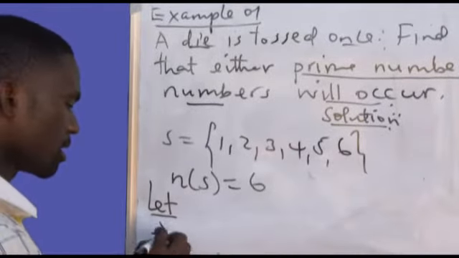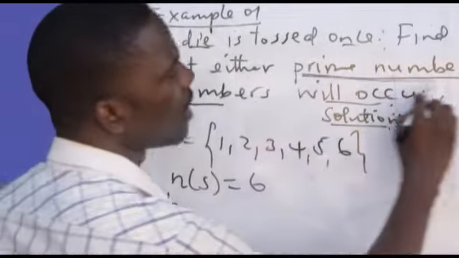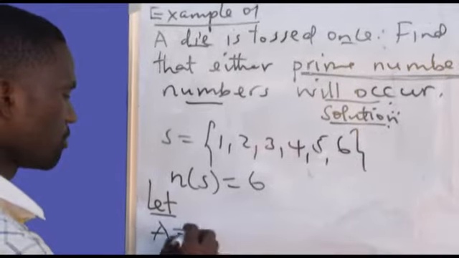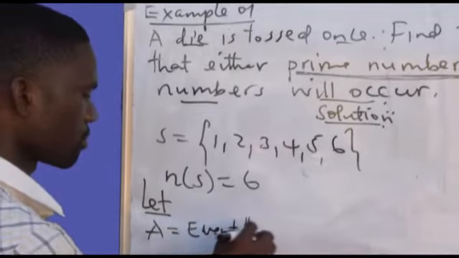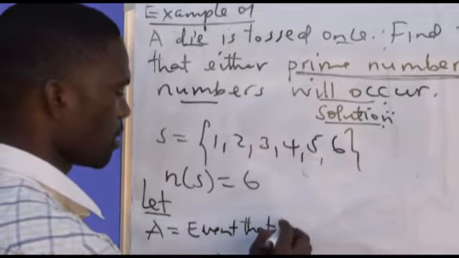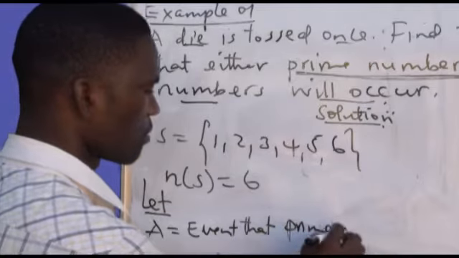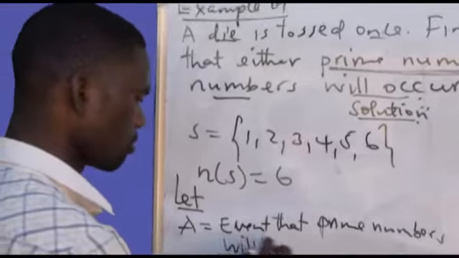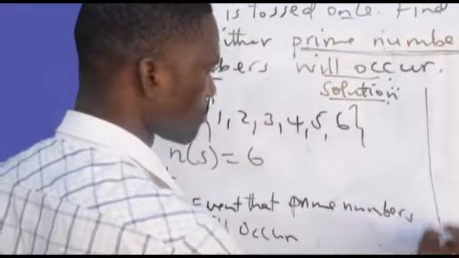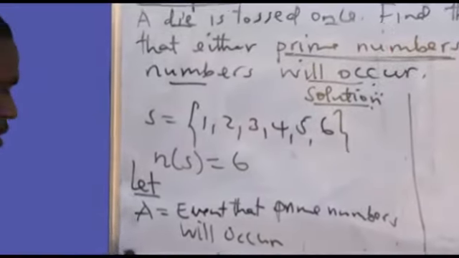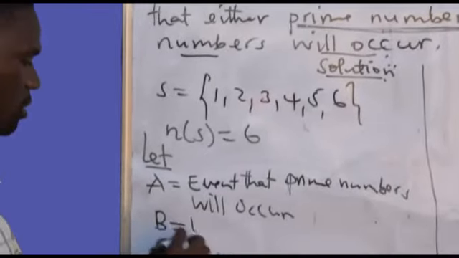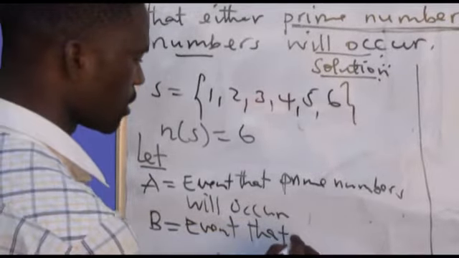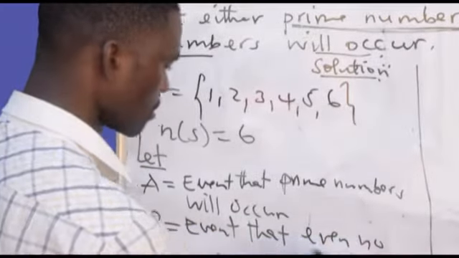Let A be the event that prime numbers will occur, and at the same time let B represent the event that even numbers will occur.